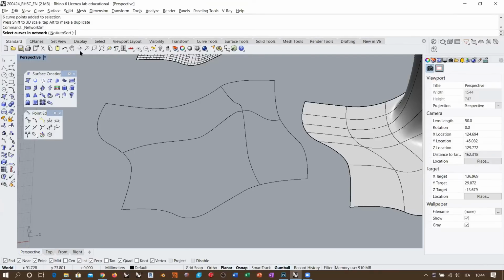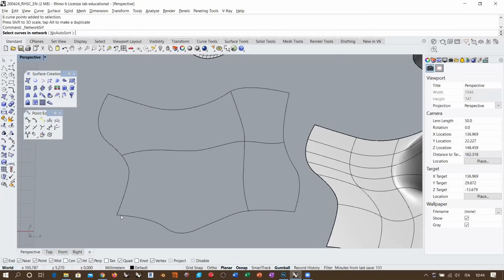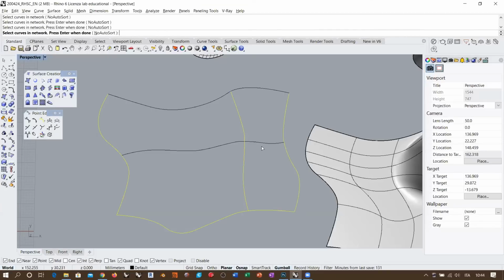You see that the command normally tends to auto-sort the curves, because the way this command works, it sorts all the U curves and all the V curves. Now, in this case, the situation is very clear, because we have horizontal lines and vertical lines. But when you try to apply the network surface to a very complex set of curves, you might want to perform this operation: first, select all the curves in one direction, and then all the curves in the other direction.